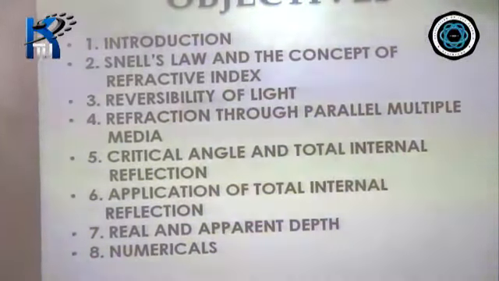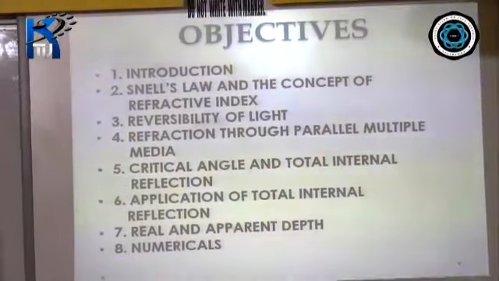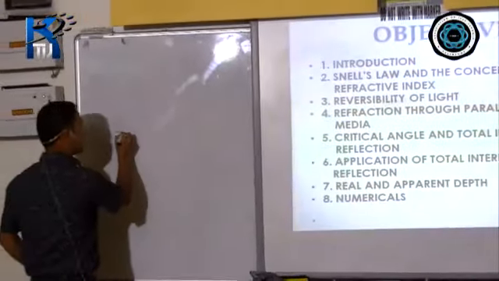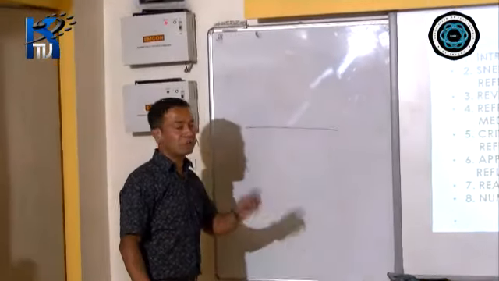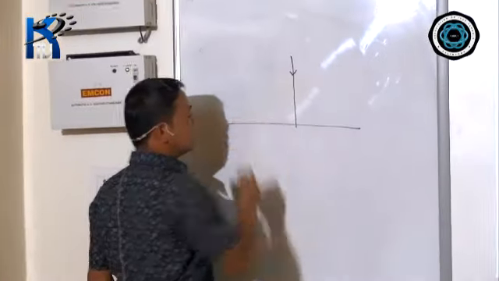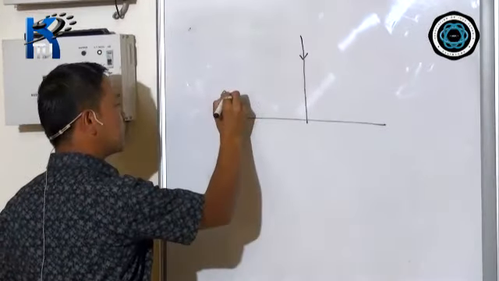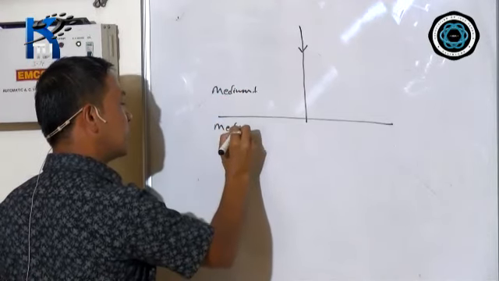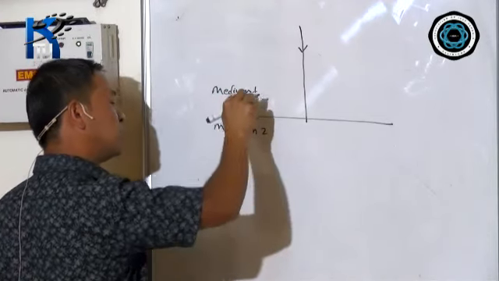But before I go to the reversibility of light, I just want to do one special case in refraction of light. As you know, light travels in a medium in any direction. But suppose the light falls normally on a medium, say from medium 1 to medium 2. Medium 1 can be a rarer medium or a denser medium.